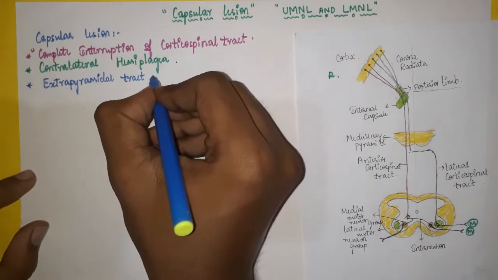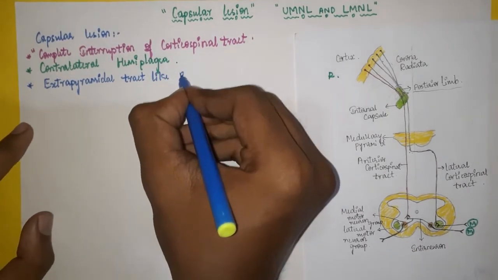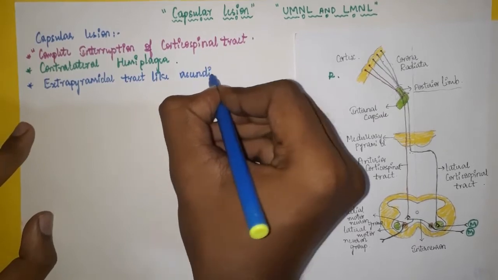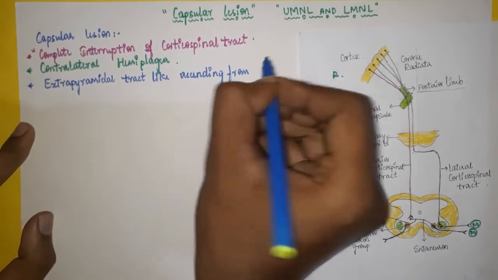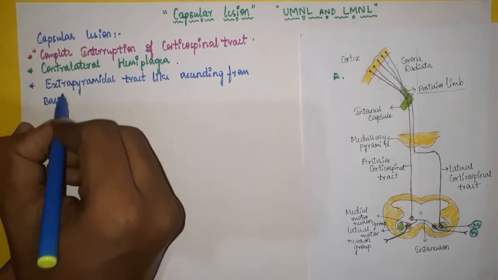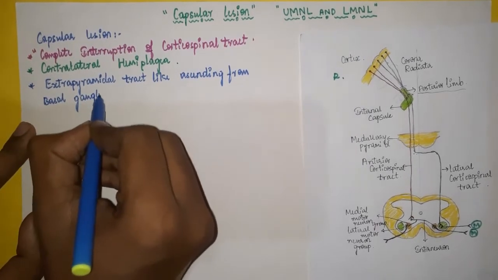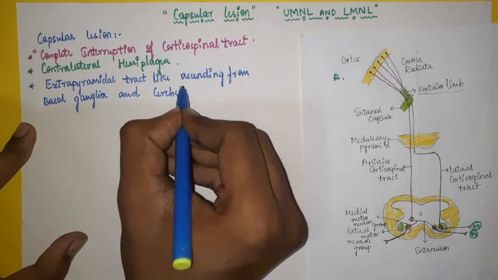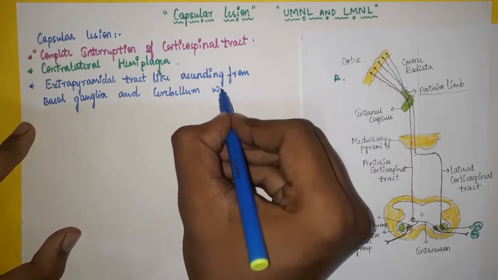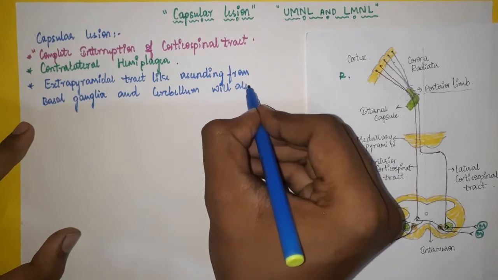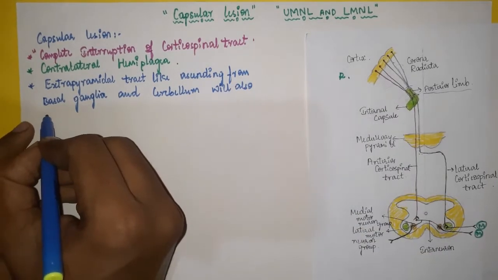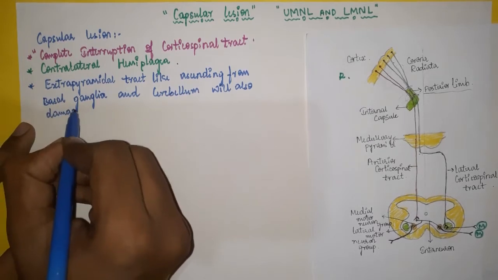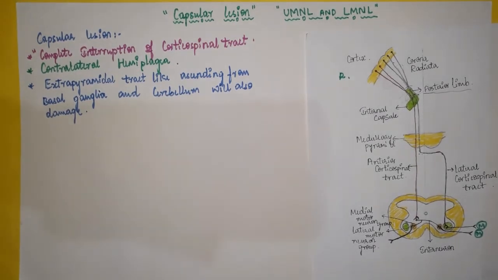That is, extrapyramidal tracts like ascending fibers from the basal ganglia and cerebellum will also be damaged. Okay.